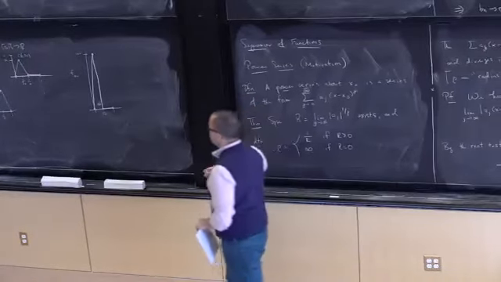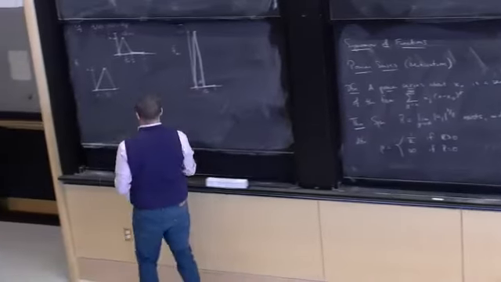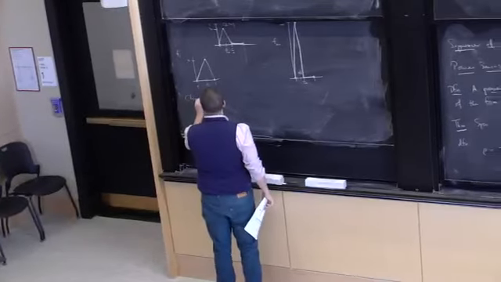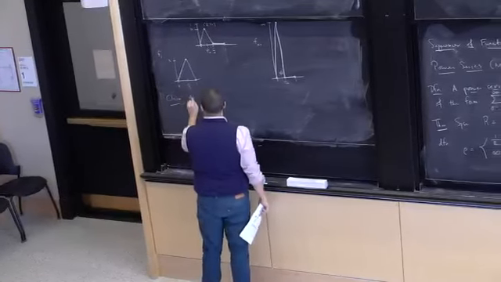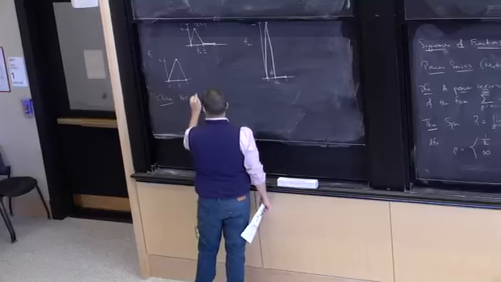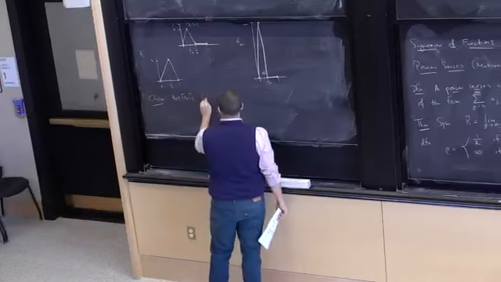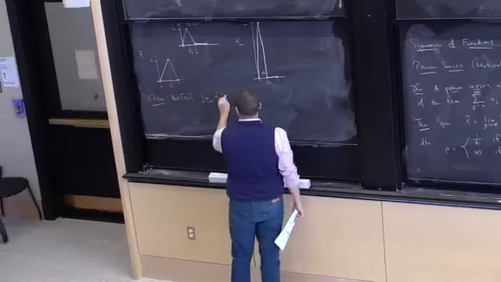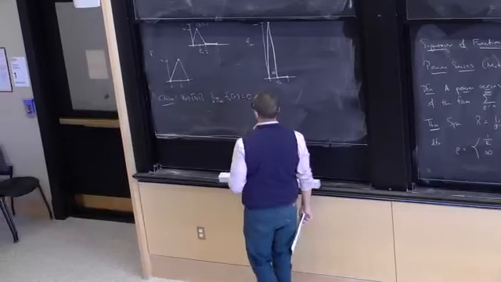Okay. And so my claim is that for all x in [0, 1], the limit as n goes to infinity of f_n(x) equals 0.